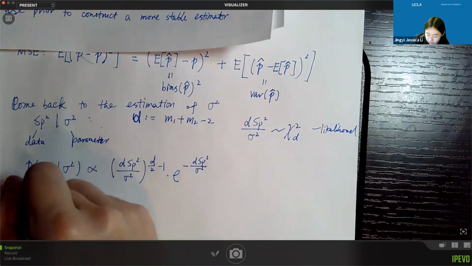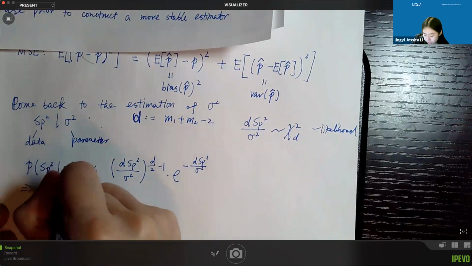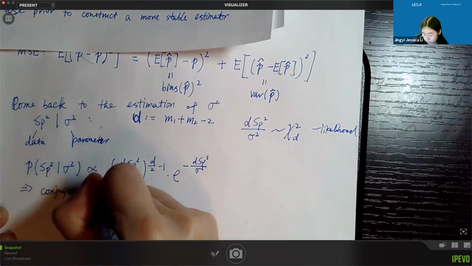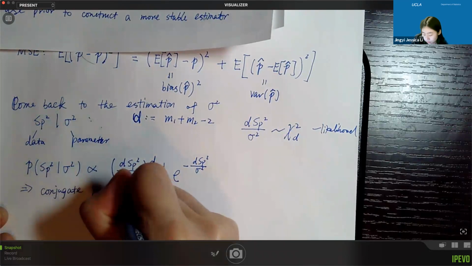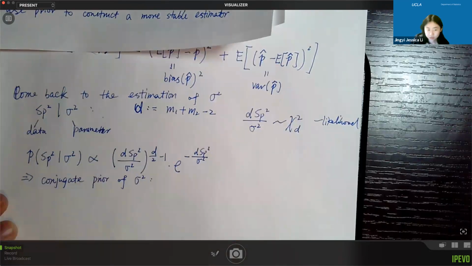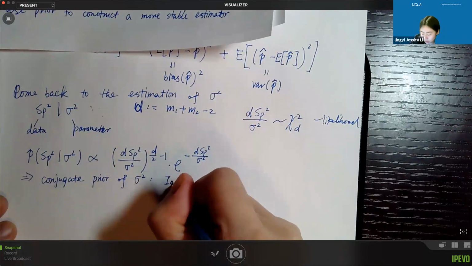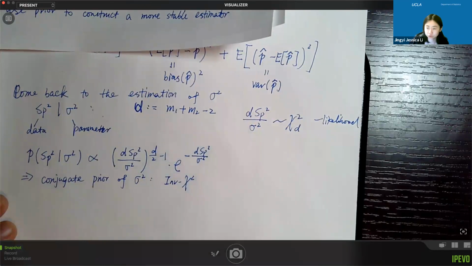So this will give us a conjugate prior of sigma squared. We call that the inverse chi-square distribution, and it's a special case of the inverse gamma distribution because chi-square is a special case of the gamma distribution. For those, you can check out the Wikipedia page to see what the distribution is like.